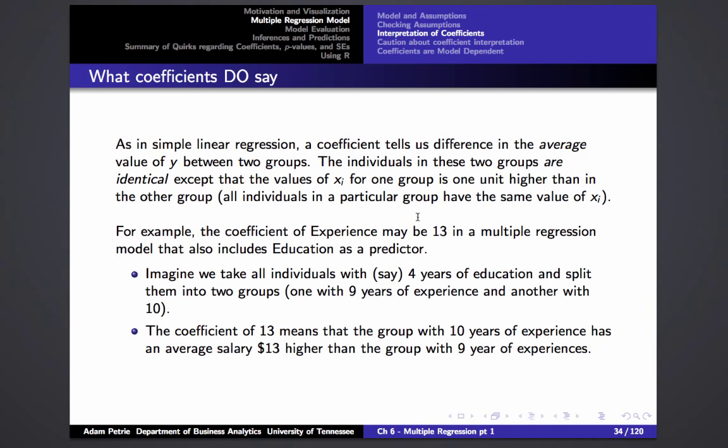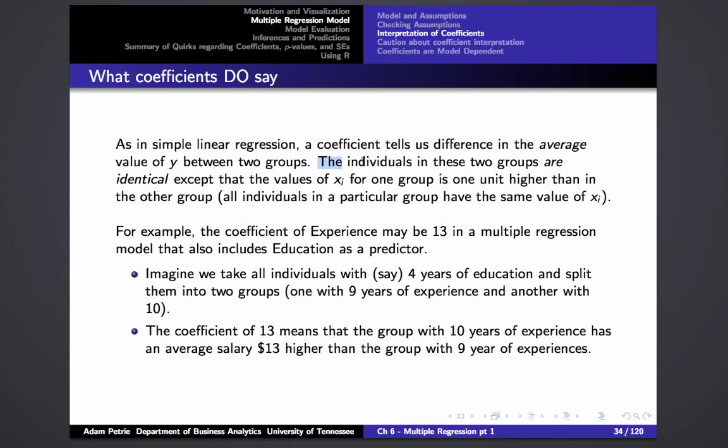So just as a reminder, remember that multiple regression is not a causal model. It doesn't establish cause and effect between y and any of our predictor variables. The only thing the coefficient is doing is telling us what the difference in the average value of y is between two individuals, or two groups here.